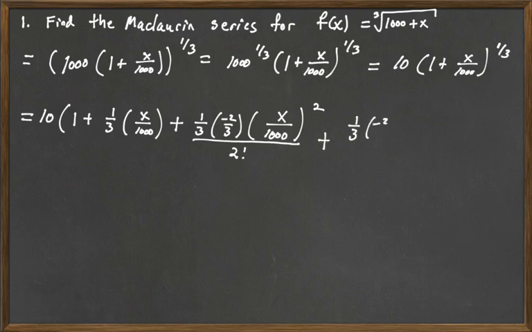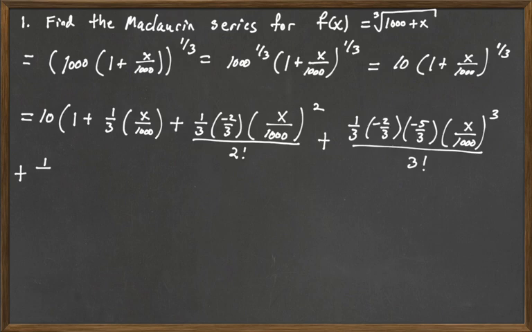Okay, and then we'll do it for the next one: r, (r minus 1), (r minus 2), and then your x to the third power over 3 factorial. We'll do a couple more just to get the feel for this.